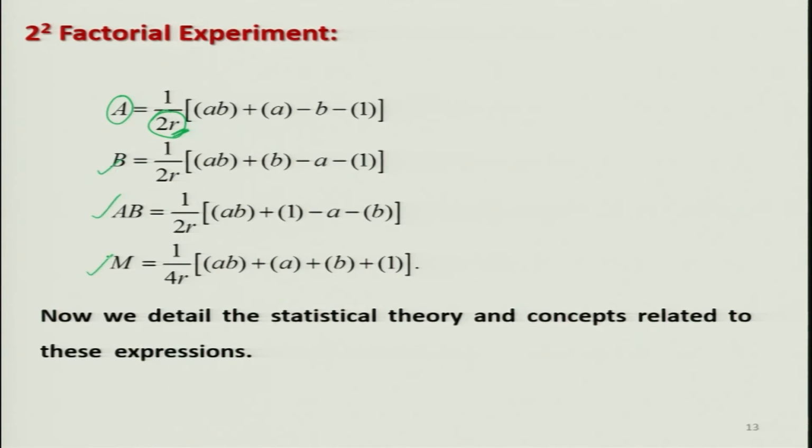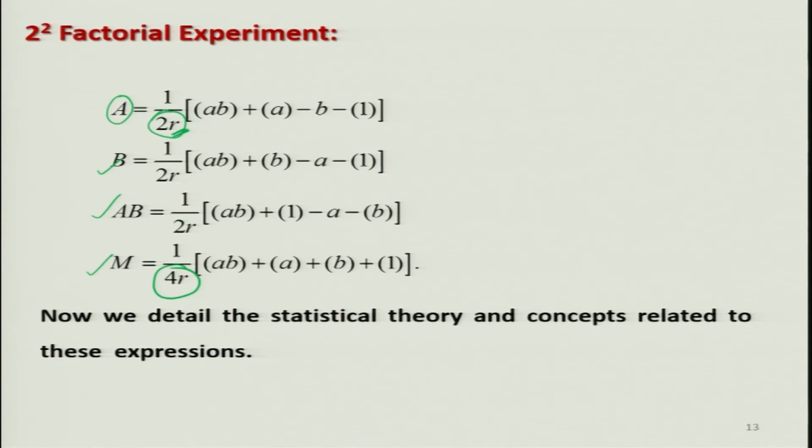Now this general mean effect is the arithmetic mean of all the observations from all the treatment combinations. So now you are trying to repeat 4 treatment combinations R times each. So you are going to have 4R observations. So the total number of observations in this experiment will be 4 into R. That is why you have written this A, B, AB and M properly.